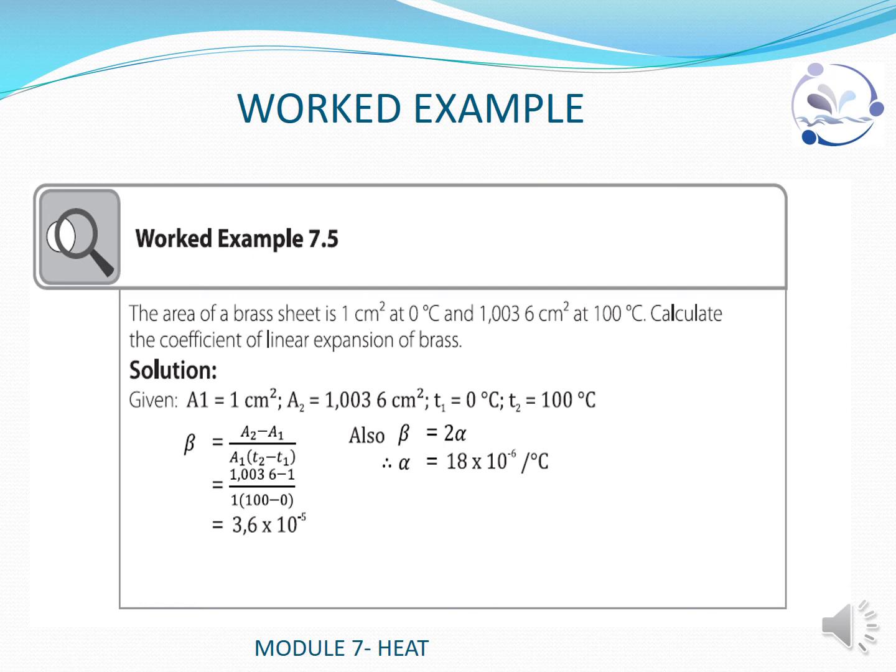So just use the formula for change in area, which is original area multiplied by superficial expansion or area expansion. Then you will get your answer. The answer that you'll get here is area expansion, or superficial expansion. So we have to divide by 2 to get our coefficient of linear expansion.